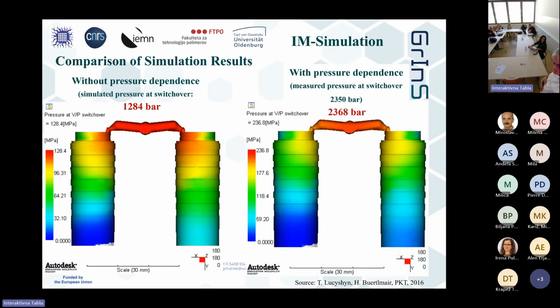Exactly on the production machine, the company needed 2,350, not 1,300, 1,000 bar more. And with taking into account the pressure coefficient of viscosity measured by our lab, we came to 2,368, only a difference of 18 bars. But they were really surprised.